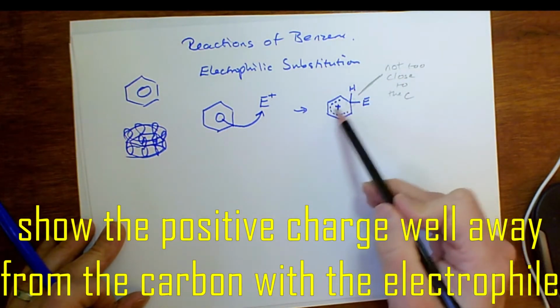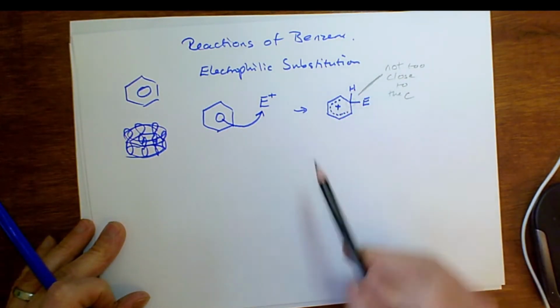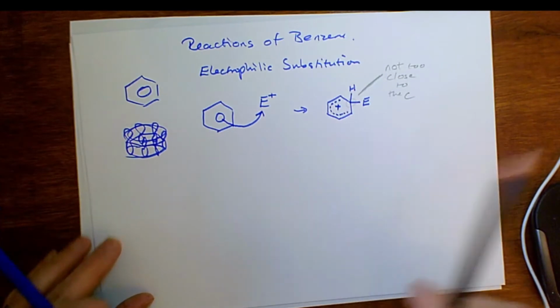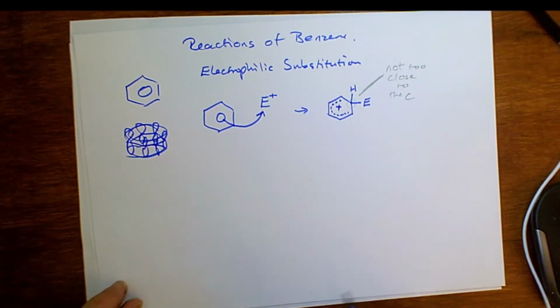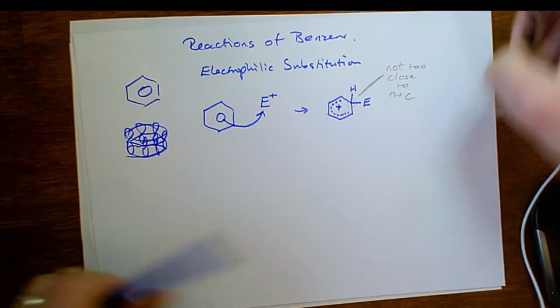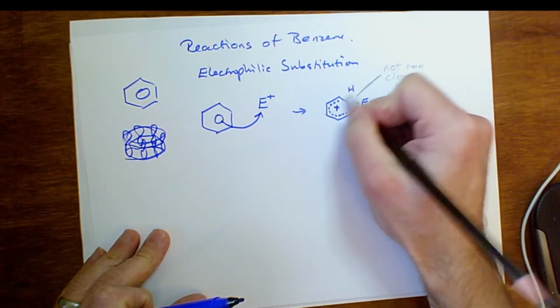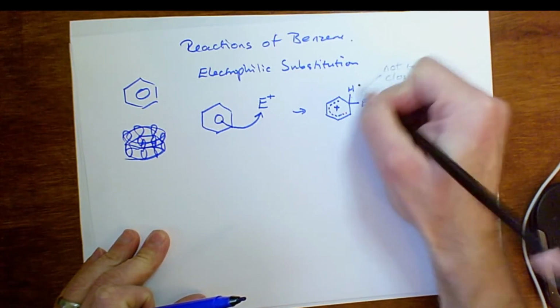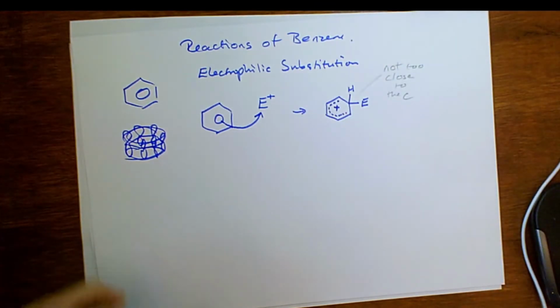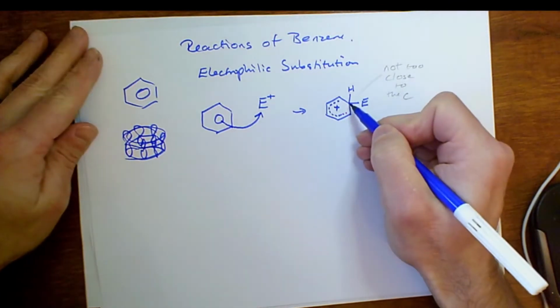So bury it well in the ring over here, well in the body of the molecule. As far away as you can get from there, just so no one can complain. Right, I'll just rub this out because it might make it look messy. So remember, don't show the positive charge too close to the carbon here.